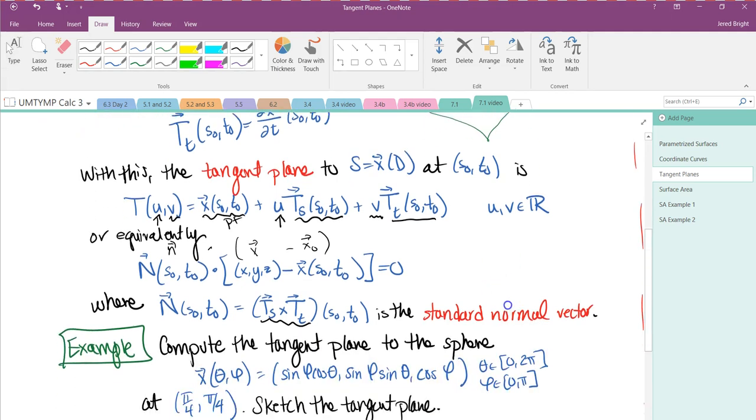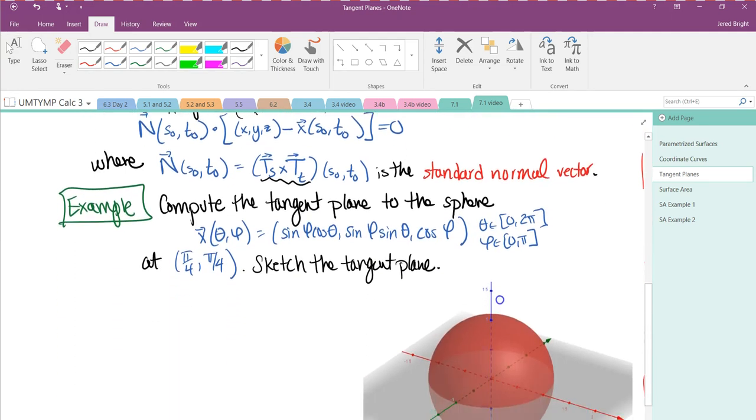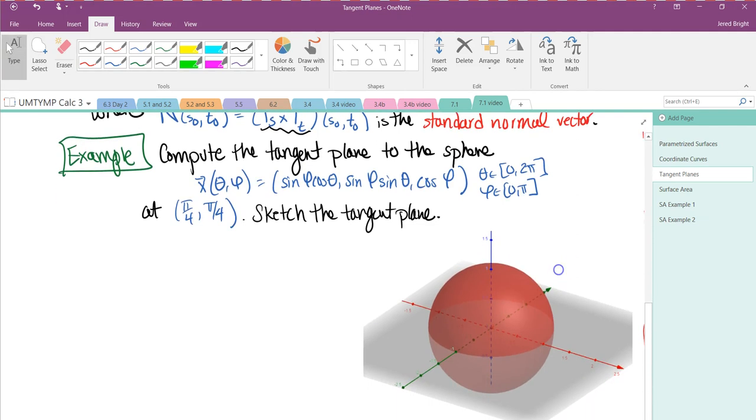We can go ahead and do that easily, right? Well, maybe not. So here we want to compute the tangent plane to the sphere, with our parameterization that we saw before, at this point. This is going to be interesting.